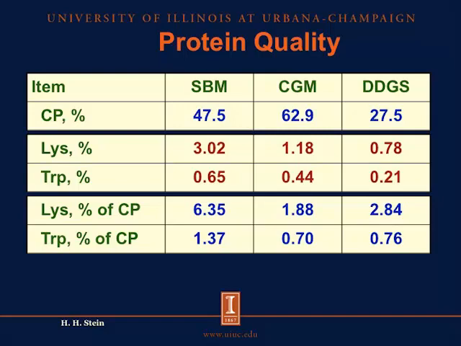So every time we use a corn co-product, we have a low concentration of lysine and tryptophan in the diets, and we need to find a way of compensating that primarily by use of crystalline sources of lysine or crystalline sources of tryptophan to compensate for this low concentration in corn co-products.